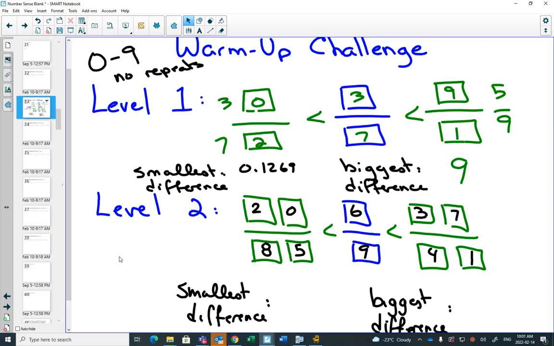The biggest difference that I got for level 2 was 97.697. So see if you can find a bigger difference than that between this number and this number. But I didn't get a smallest one yet.